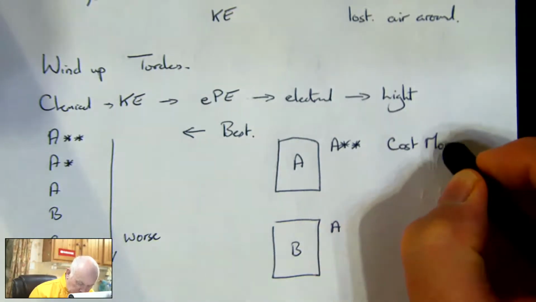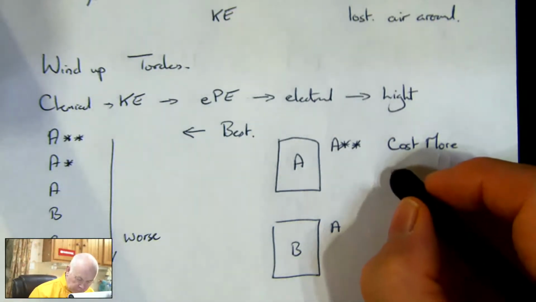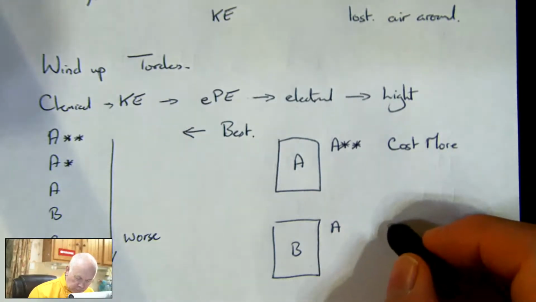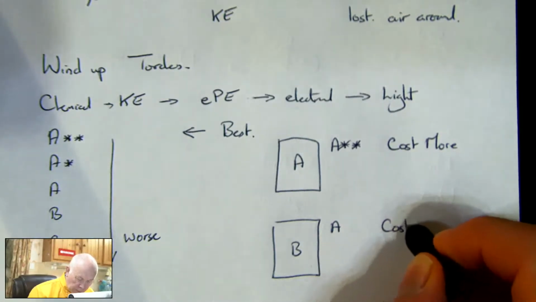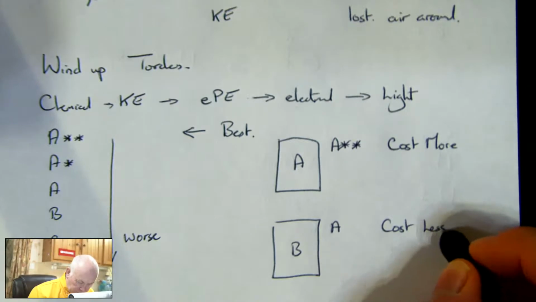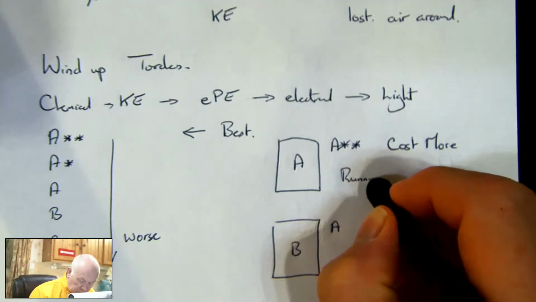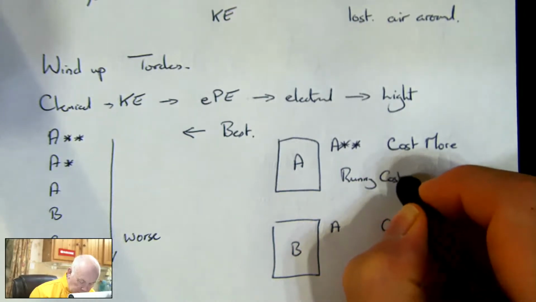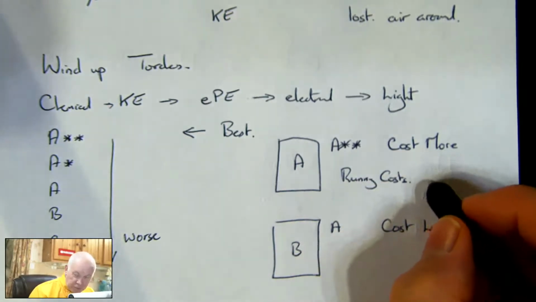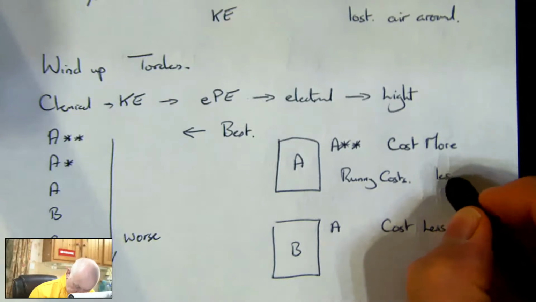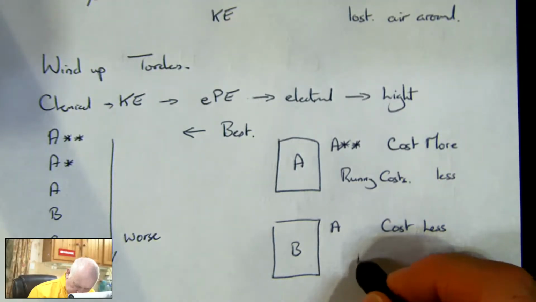But this one costs more. And this one costs less. And then we looked at the running costs. And this one did cost less. And this one did cost more.